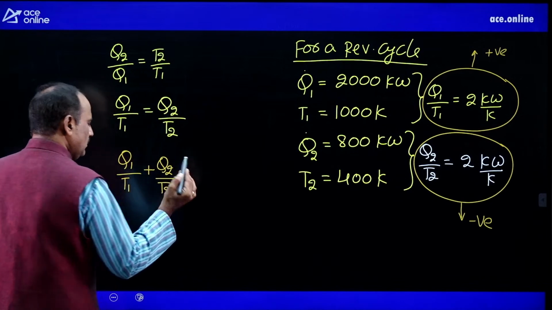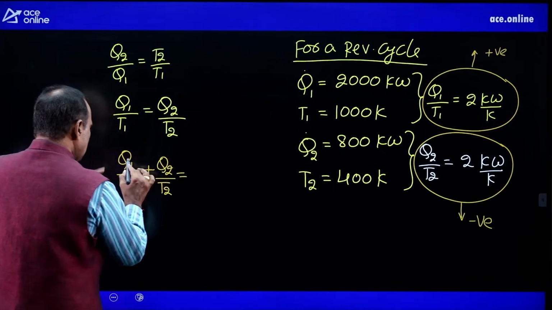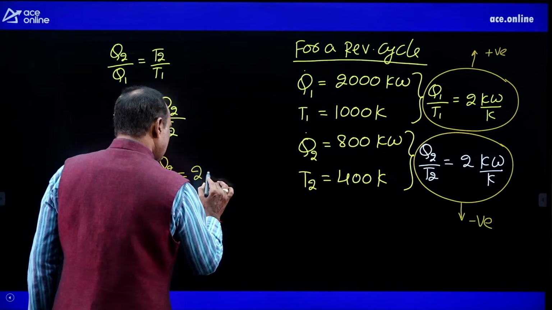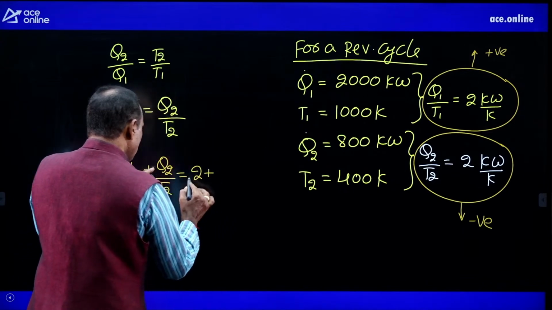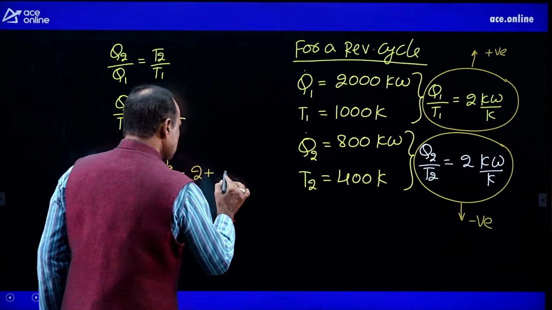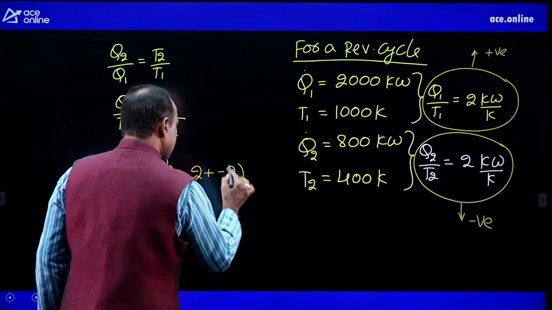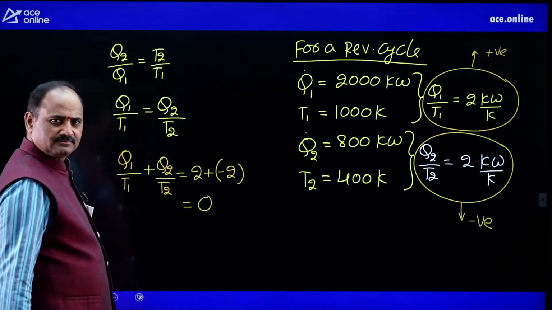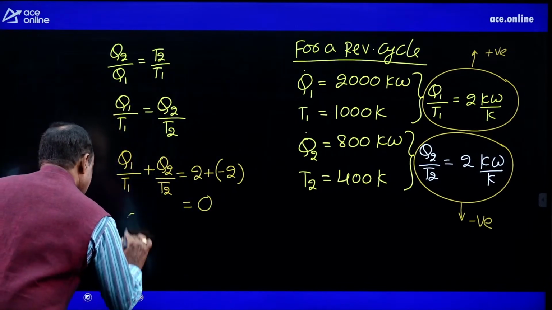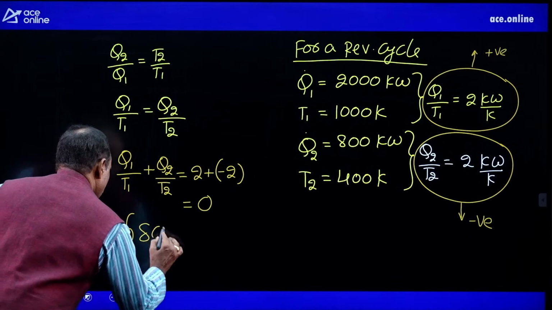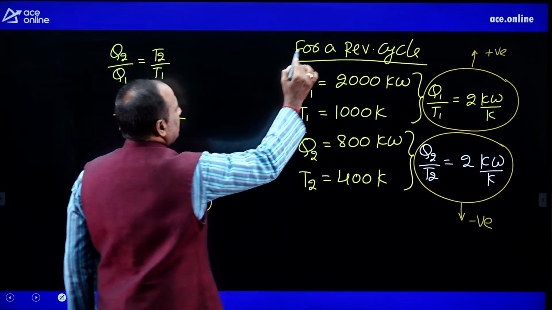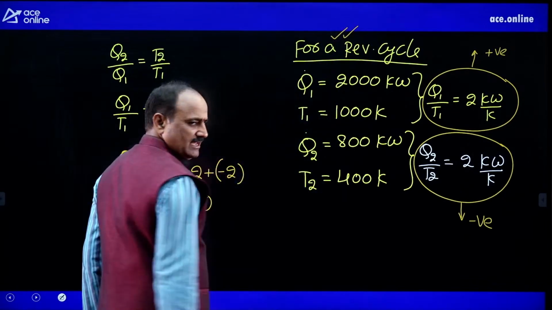Q1 by T1 is 2 kilowatts per Kelvin, plus Q2 by T2 is minus 2 kilowatts per Kelvin. 2 minus 2 equals 0. From this I can write that the cyclic integral of del Q by T is equal to 0 for a reversible cycle.